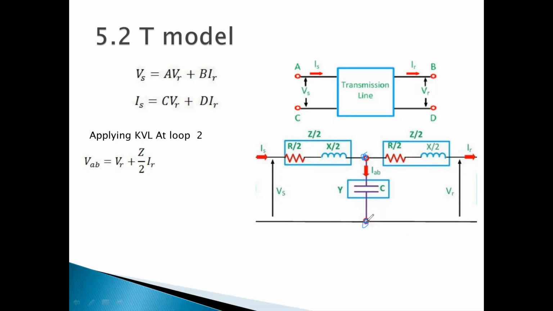Applying KVL, V_AB is equal to V_R plus Z divided by 2. Why Z divided by 2? Because the total impedance of the line is Z, equal to R plus j X_L.